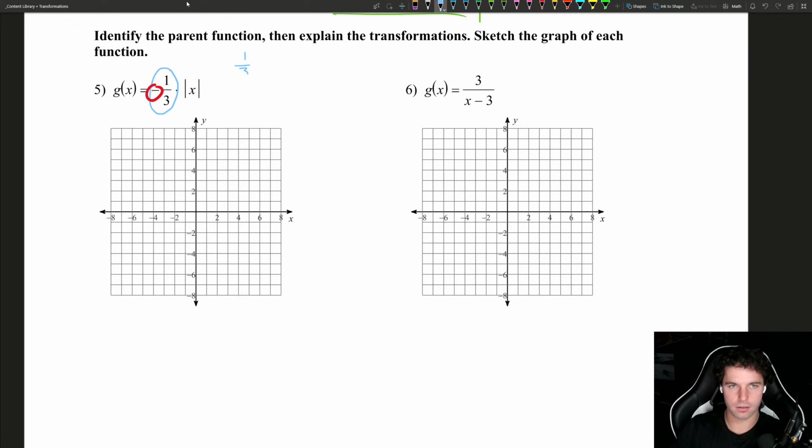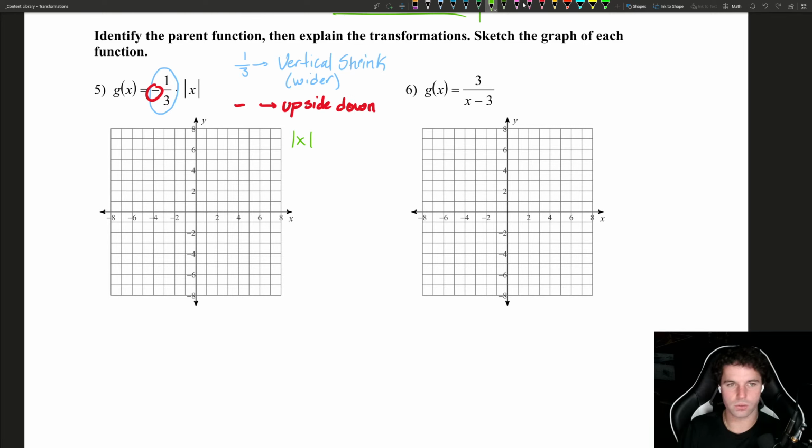So 1/3 is a vertical shrink, so it's going to be wider. And then the negative just means it's upside down. And then our parent function is just absolute value of x.